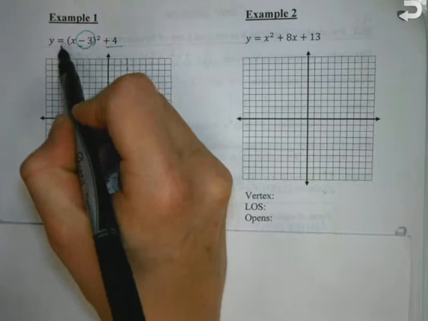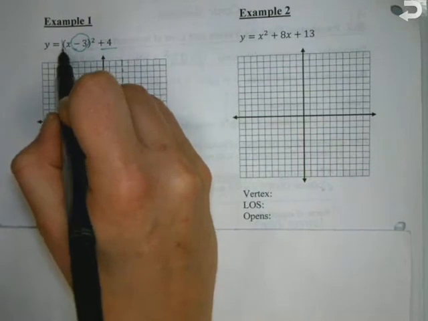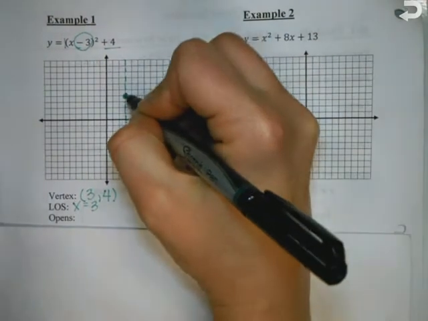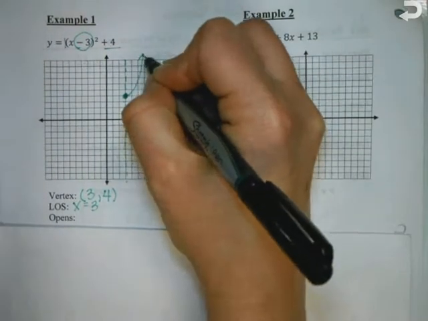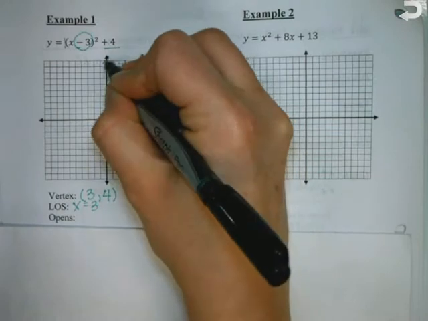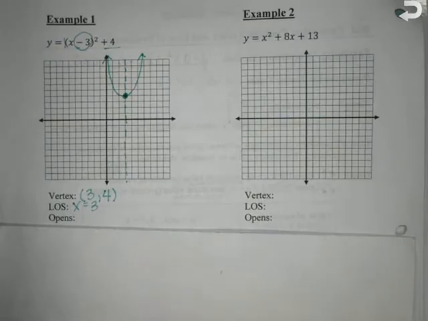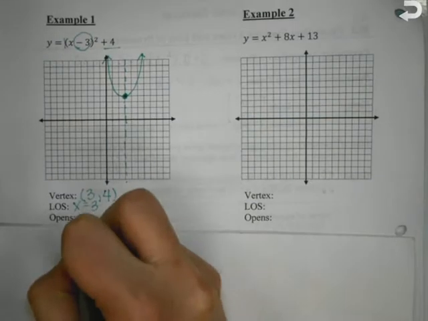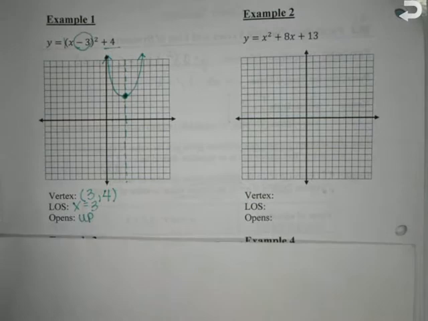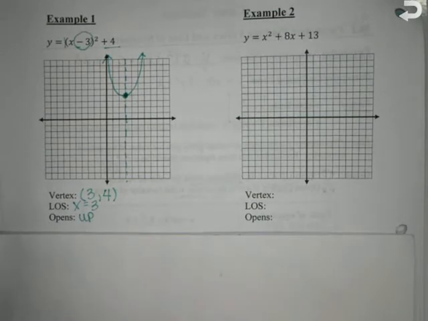A positive 1. Okay, so this one's going to be opening upward. So let's just sketch it. Right now we're just sketching. And this one opens up, so it doesn't really matter how wide it is right now. Okay? You guys okay with that so far?